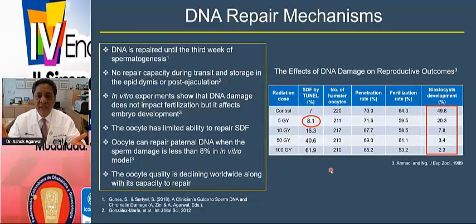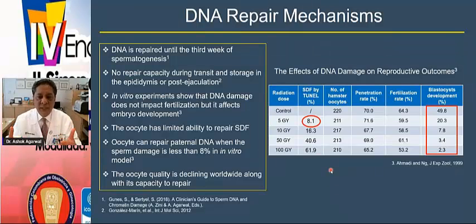So, in terms of whether the DNA can be repaired automatically by the cell, yes, it is possible. DNA is repaired until the third week of spermatogenesis. However, after that, there is no repair capacity during its transit into the female reproductive tract and storage. In vitro experiments show that DNA damage does not impact fertilization, but it affects embryo development. And the human oocyte does have a limited capacity to repair sperm DNA fragmentation.